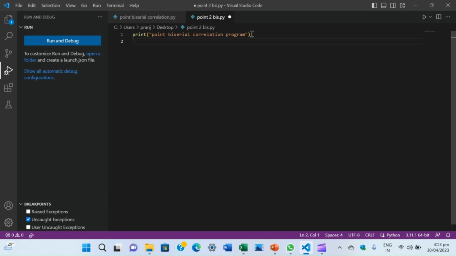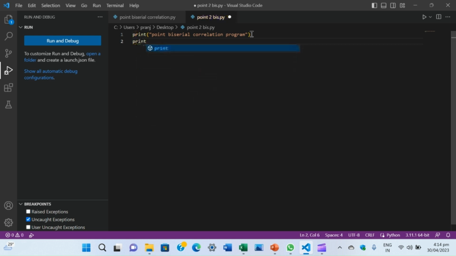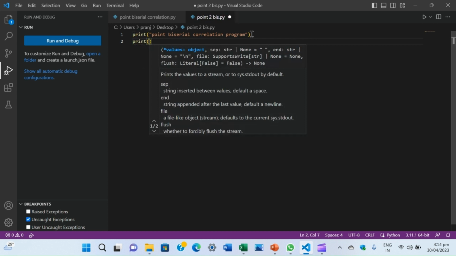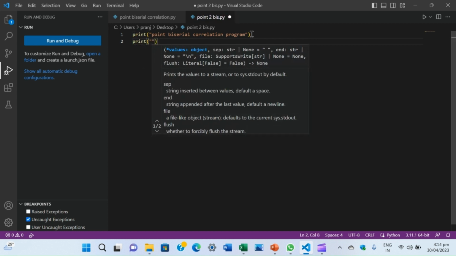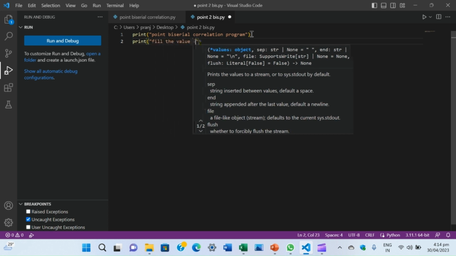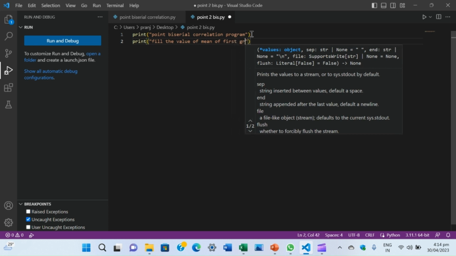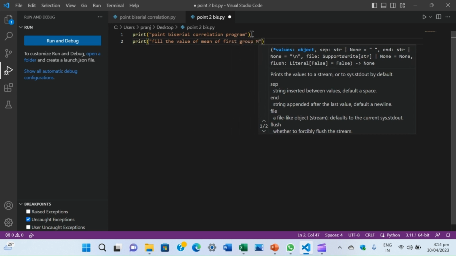In the next line, as we know, in Excel, for the point biserial correlation formula, we need to insert the values of M1 and M2, sigma, and P and Q. So for inputting the value of M1, first we write print, bracket, double inverted comma to make it a string, and write the prompt: mean of first group, capital M1.